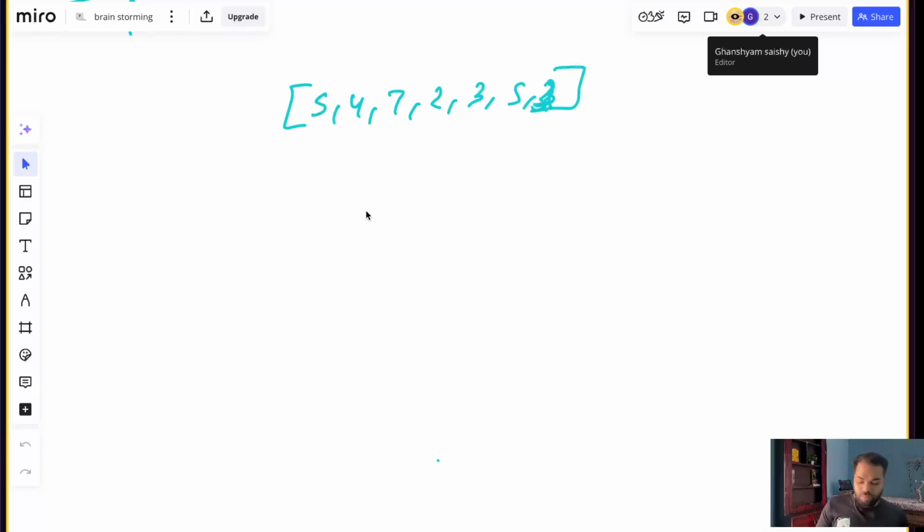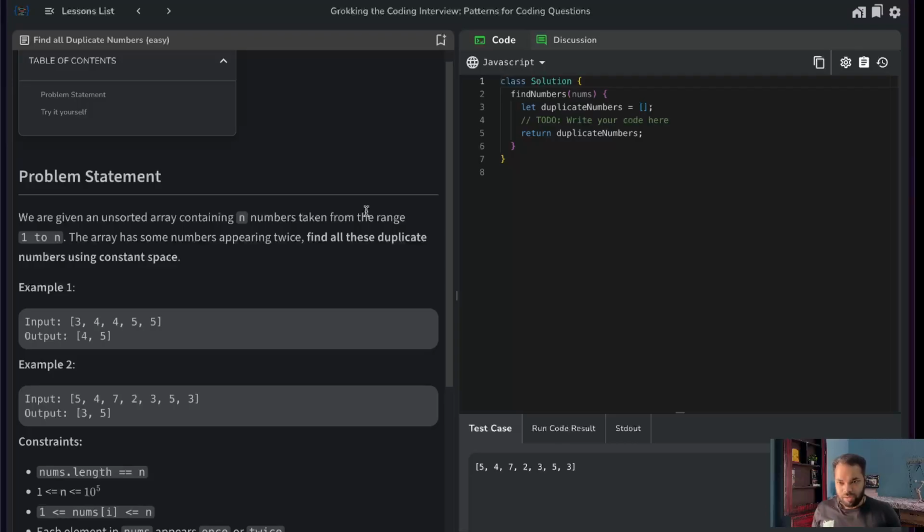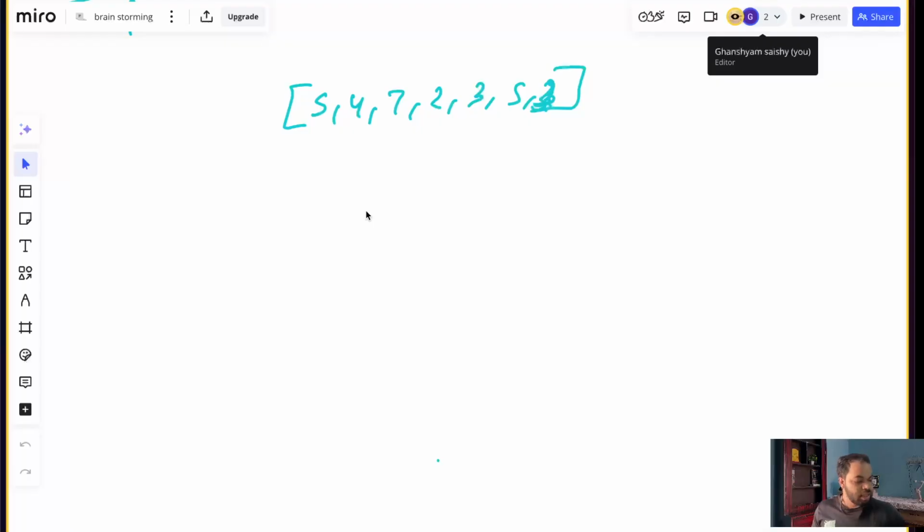If you read the question correctly, this array will have numbers from 1 to n. There is a possibility that multiple numbers are duplicates, but duplicated only twice. There can't be a possibility that 3 comes 3 times.